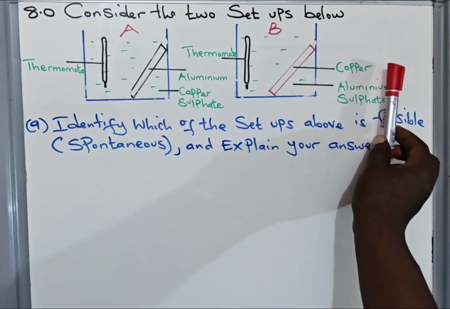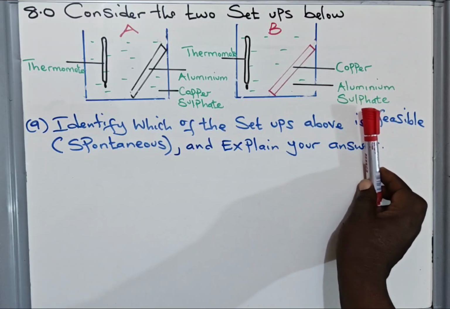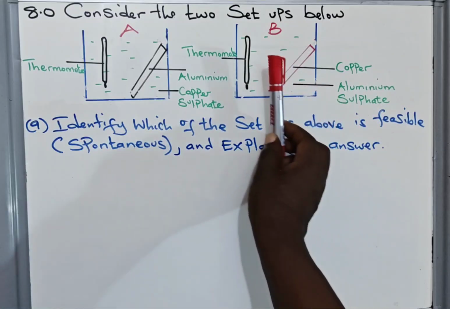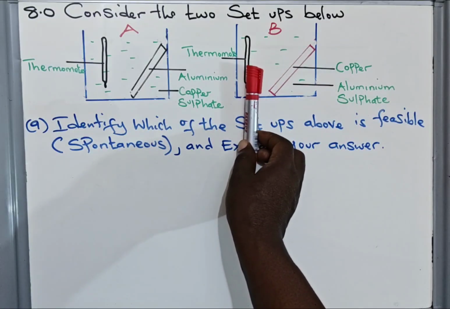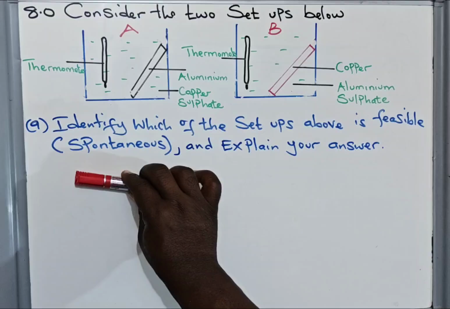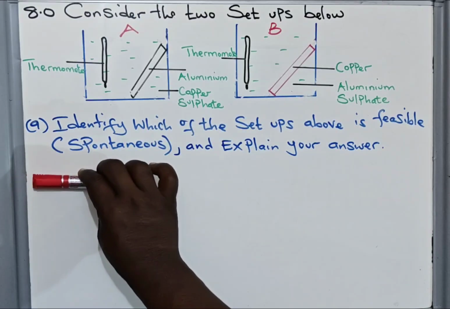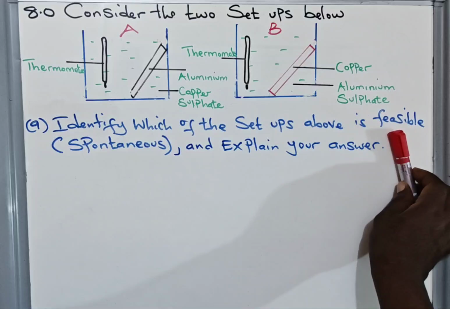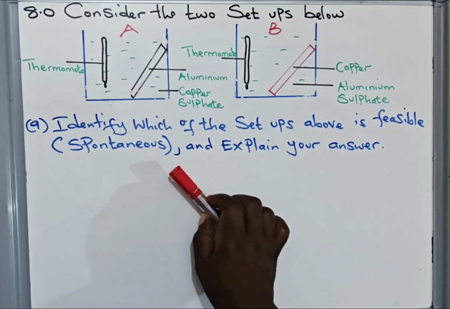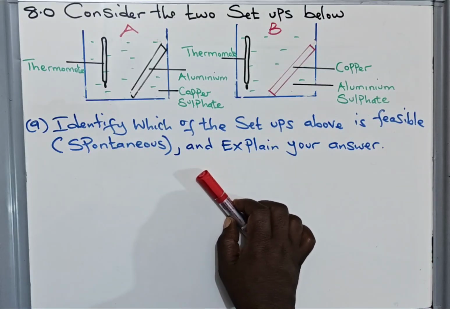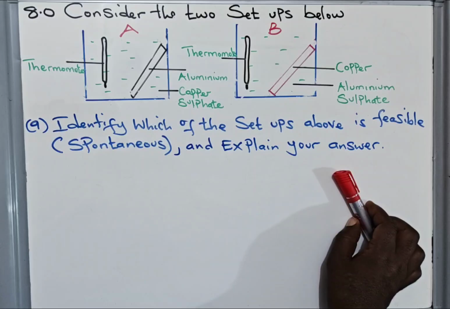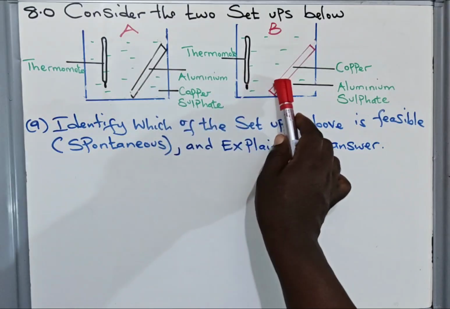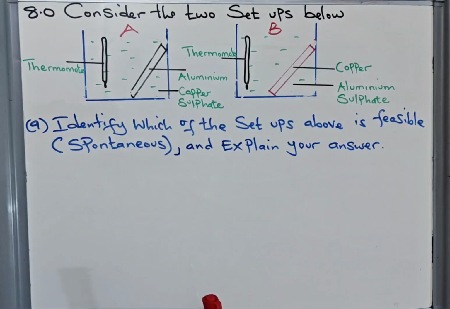We have the copper strip immersed in aluminium sulfate solution, and we have our thermometer placed. And the question says, identify which of the setups above is feasible or spontaneous. Explain your answer. So which of the two is feasible?